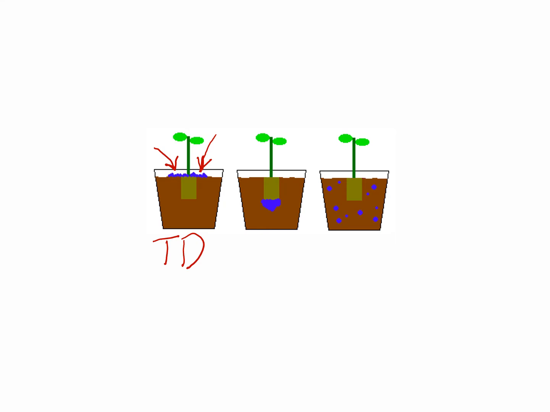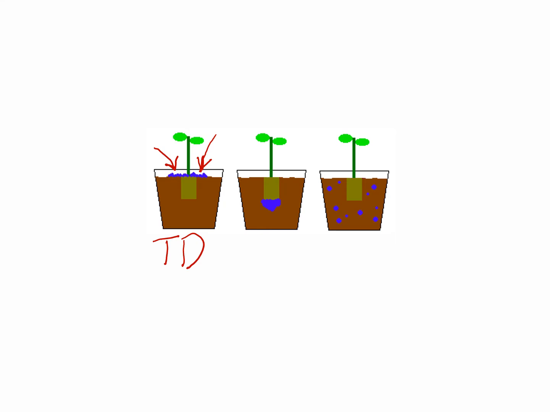There are some potential problems with this application method. Firstly, if the pot were to blow over, the plant would lose some or all of its fertilizer. And secondly, this type of application method seems to favor weed growth.